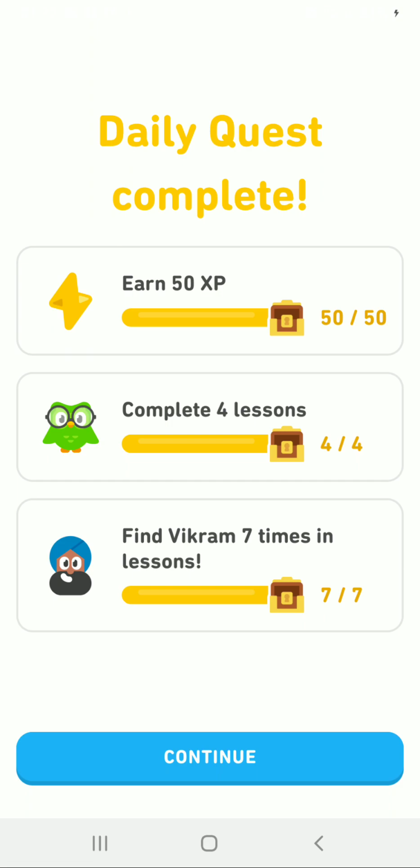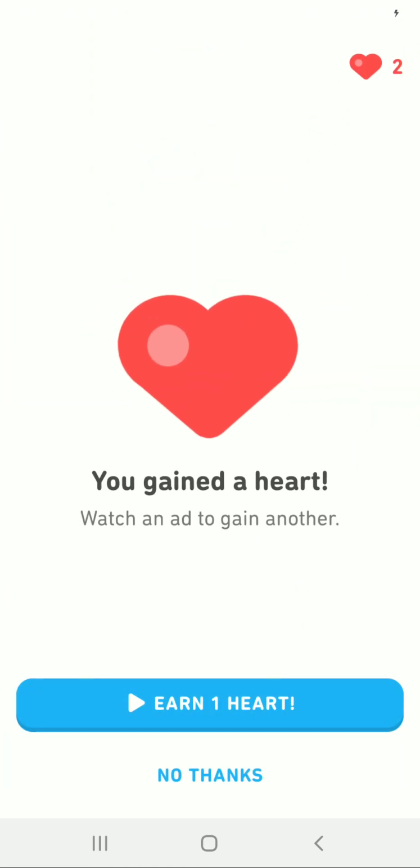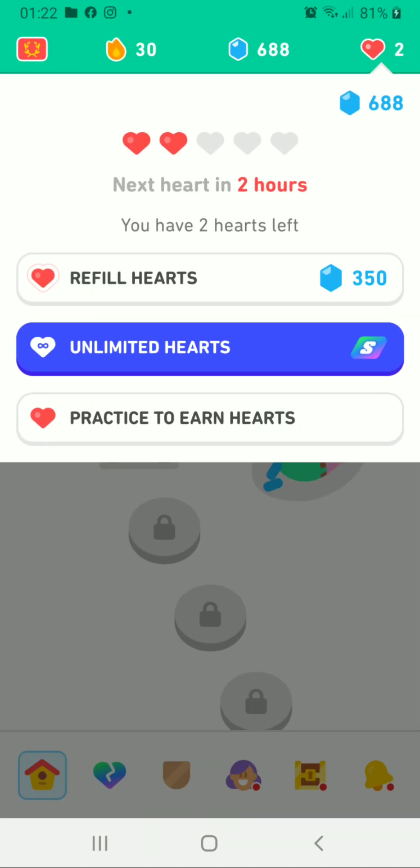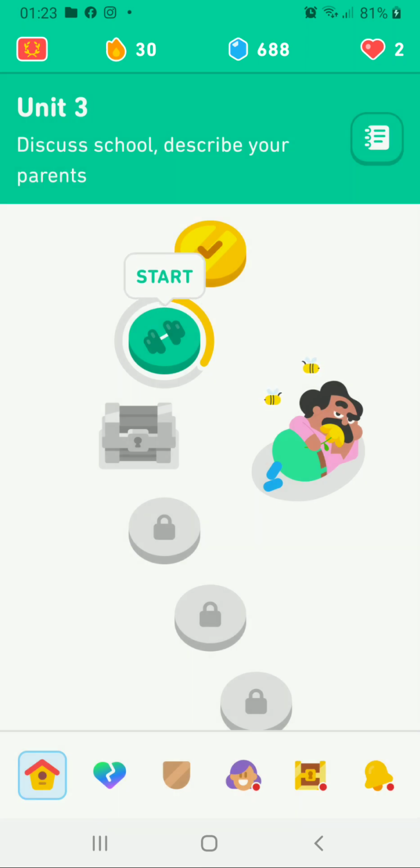I have already done the daily quest, and this is all completed, which is good. I got some gemstones. I could also earn one heart here. I'll just say no, I'll pass on it since we are done for today.